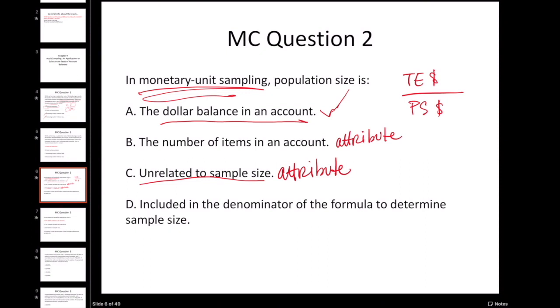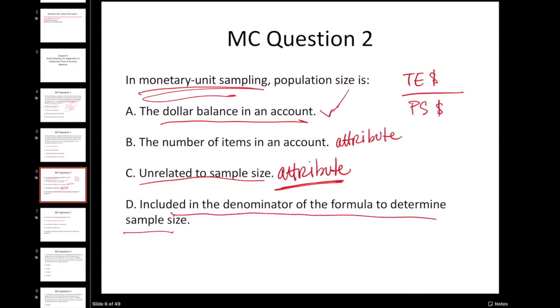So population size is still being taken into consideration when sample size is being calculated in monetary unit sampling. So it's not totally irrelevant the way it generally is for attribute sampling, unless of course you have very small populations. All right, D, included in the denominator of the formula to determine sample size.